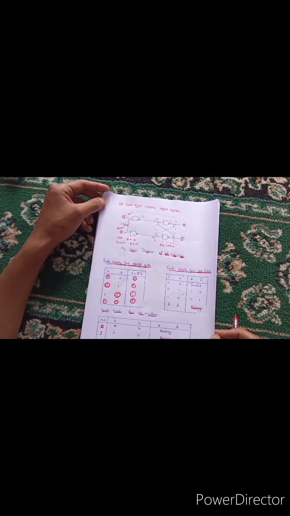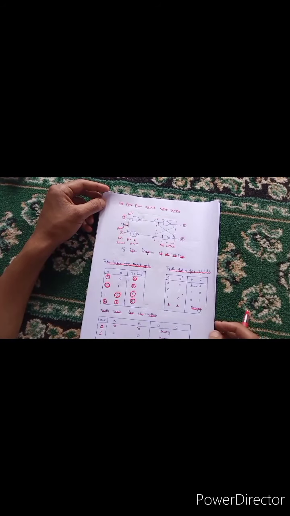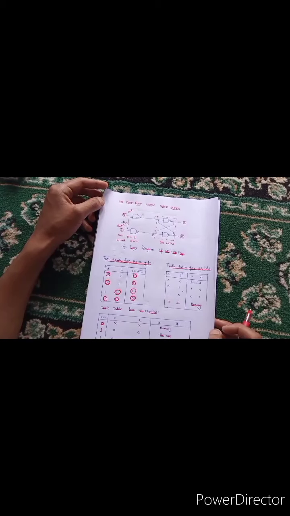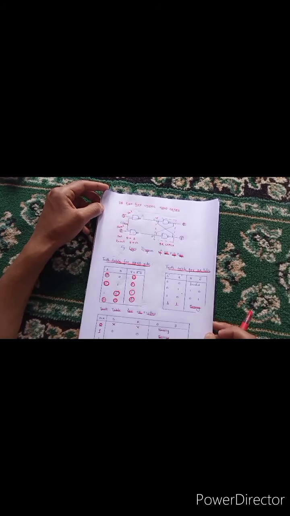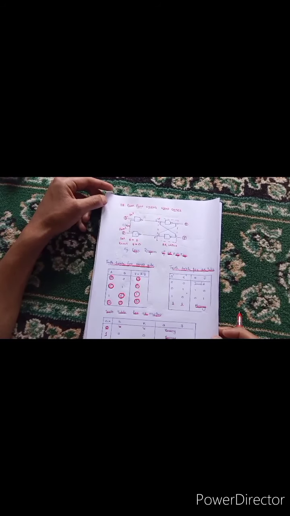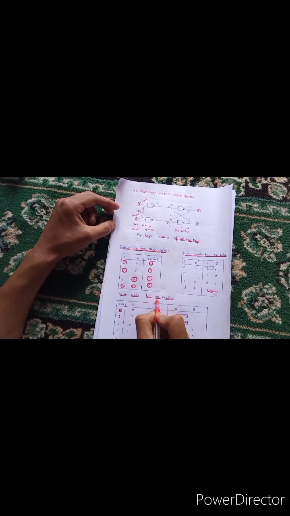By understanding these two, we can understand the working of SR flip-flop. By understanding the operation of SR flip-flop, we can write the truth table. So here is the truth table for SR flip-flop.